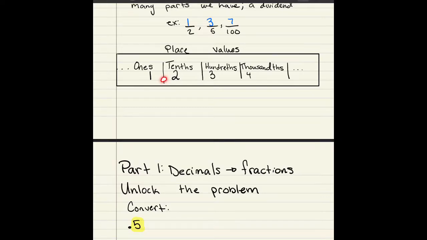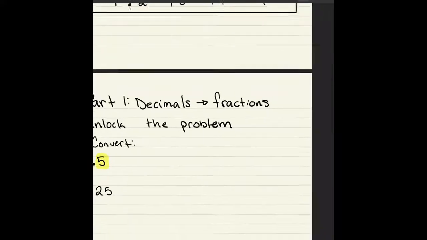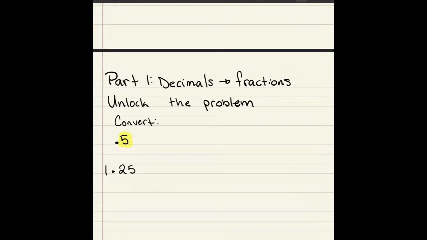Here's our decimal, and the 5 is in the first place value after that decimal, which is the tenths. So, easy peasy, we have 5/10. And that's how it is written as a fraction.